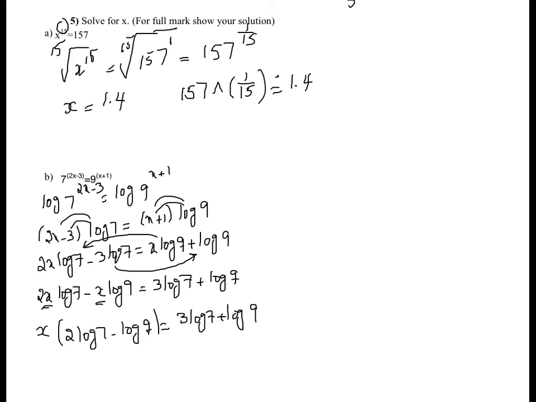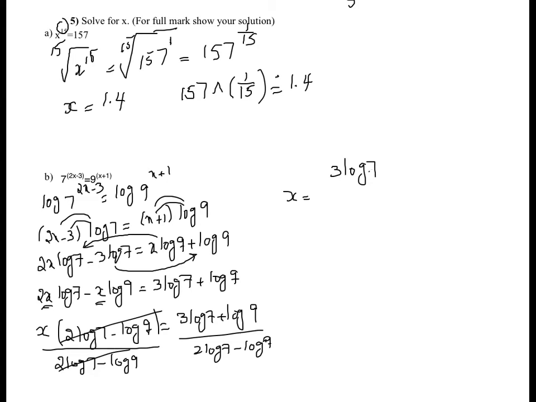Now I'm going to divide both sides by 2 log 7 minus log 9. This one cancels with this one, so I'm going to get x is (3 log 7 plus log 9) over (2 log 7 minus log 9). Now if you use your calculator and simplify this one, this is about 4.74.